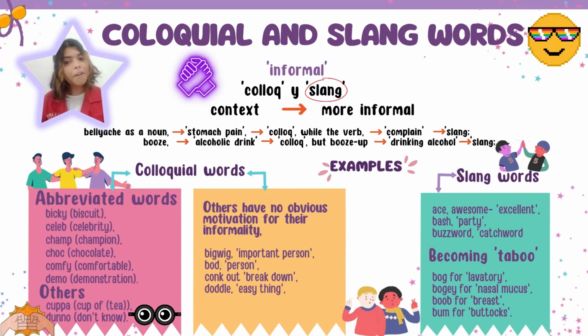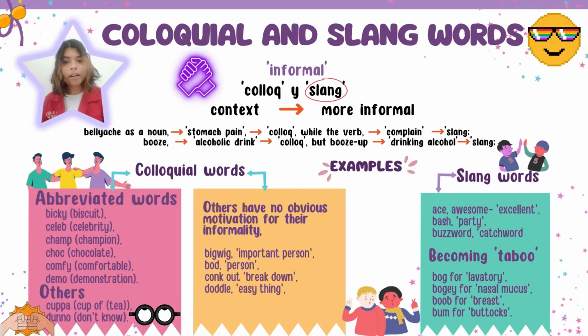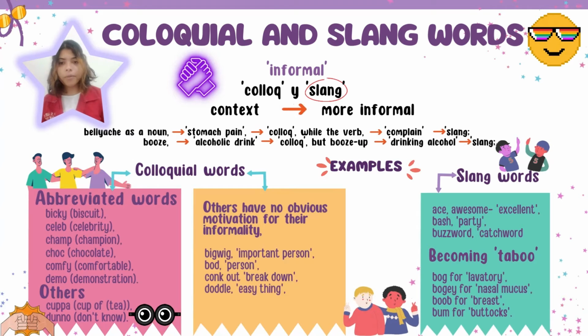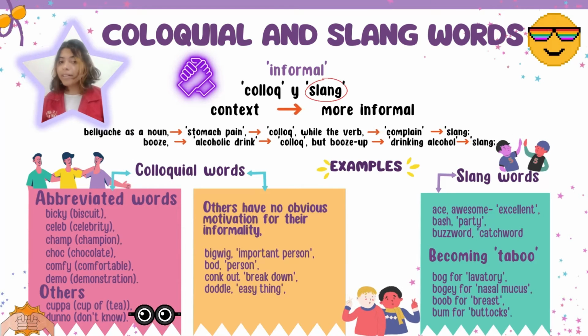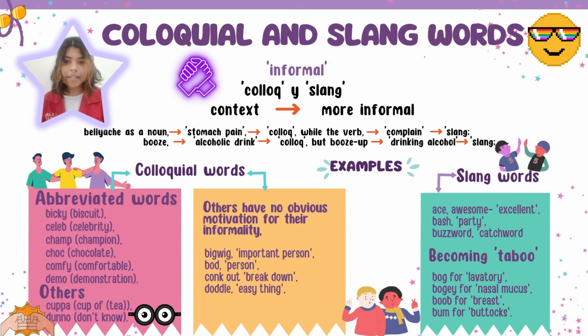For example, Vicky for biscuit, celeb for celebrity, champ for champion, choc for chocolate, and so on. Similar idioms involve coalescence and abbreviation, for example, cuppa for cup of tea. Other colloquial words have no obvious motivation for their informality. For example, we have a big wig for important person, and so on.